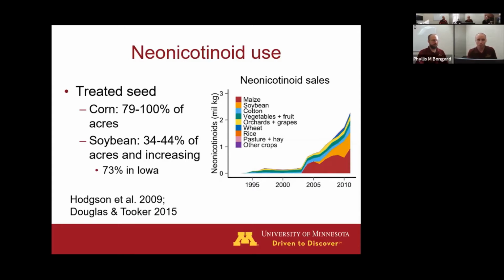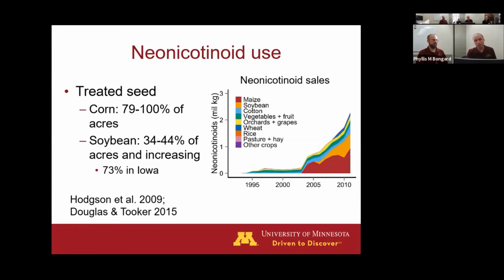When we think about seed-applied formulations of the neonicotinoids, we know that these are also very widely used. Some of the published data suggests that in corn, 79 to 100% of the corn acres, depending on what state you're in, could be planted to neonic treated seed.